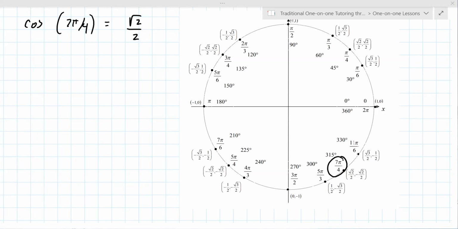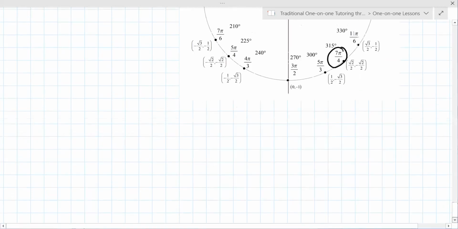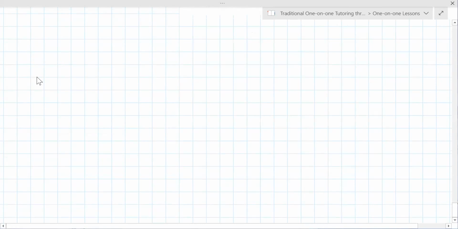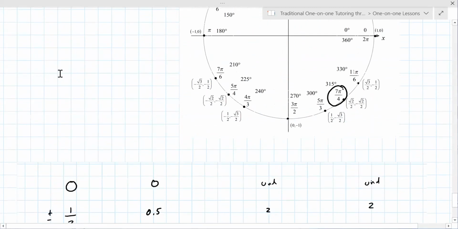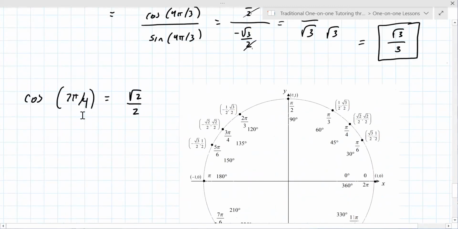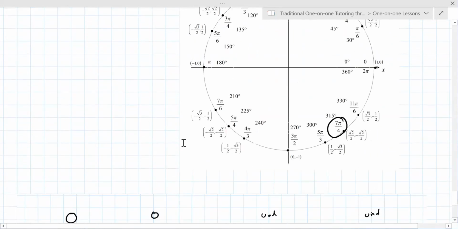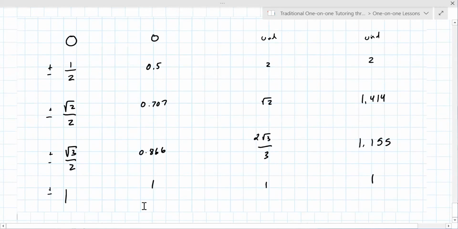So what is the next? Do you have your Desmos Scientific open? Okay, in your Desmos Scientific, I want you to type in the cosine of 7 pi over 4. And it's going to give you a decimal.